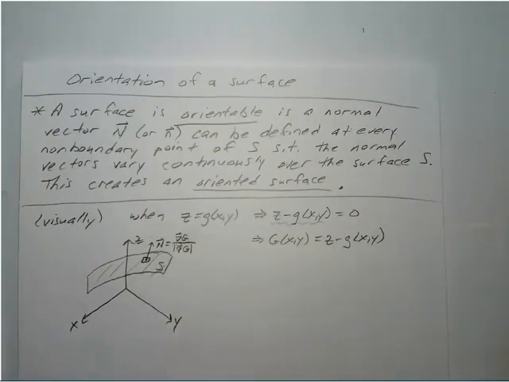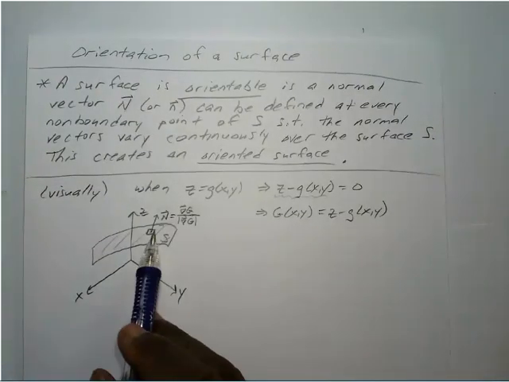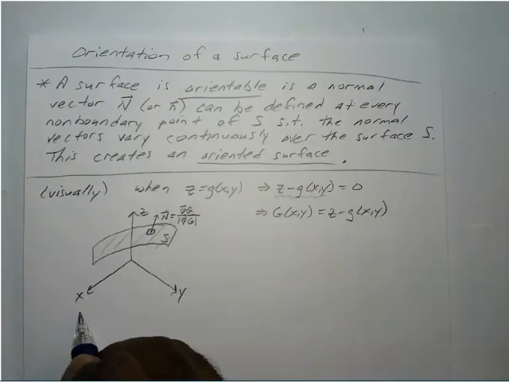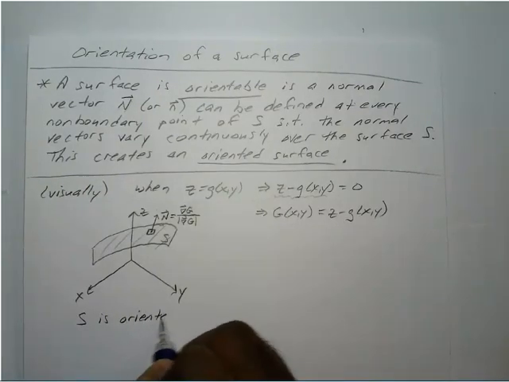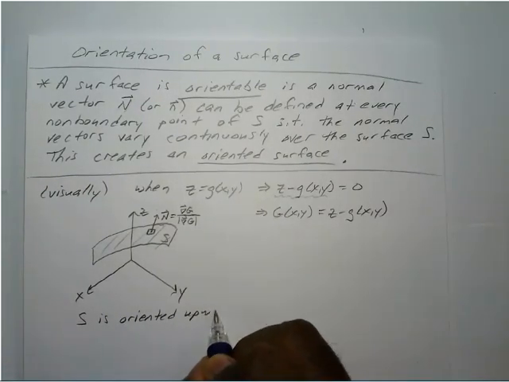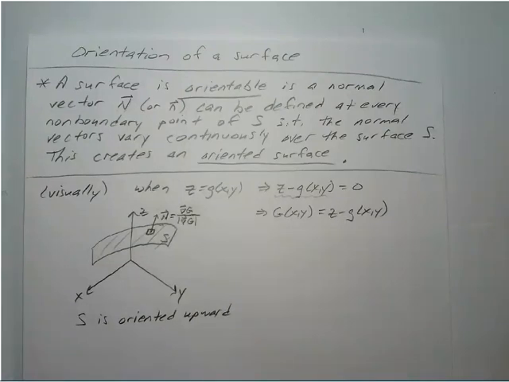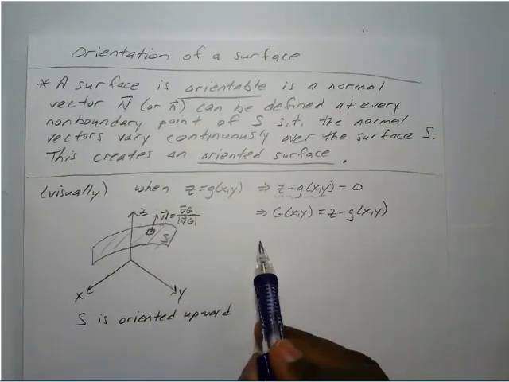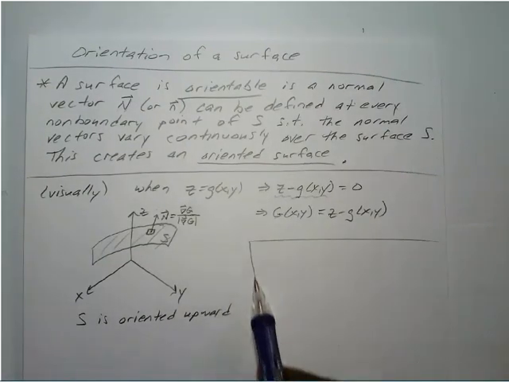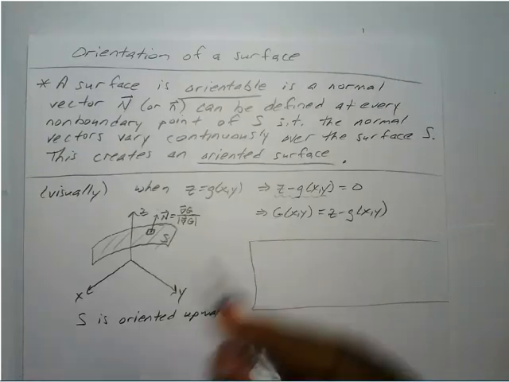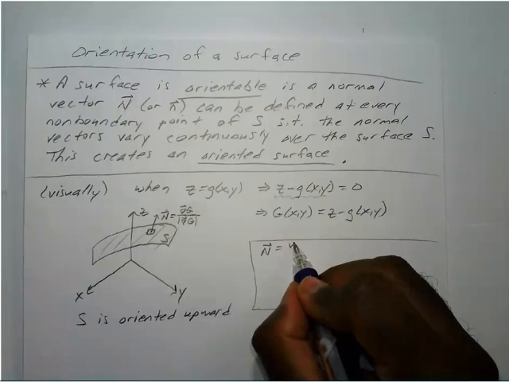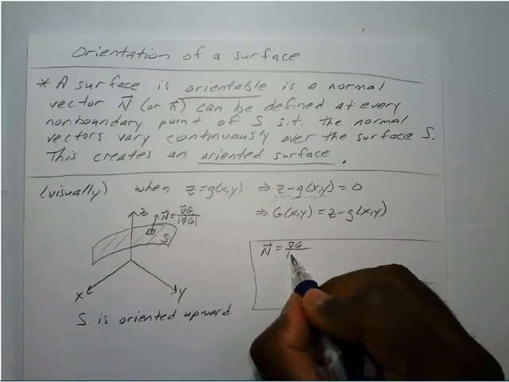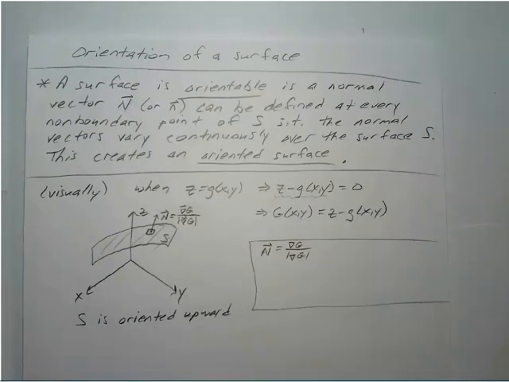Now in this case, we know that our surface is oriented upward. Now if it's oriented upward, we know that our normal vector is equal to the gradient of G over the magnitude of the gradient.